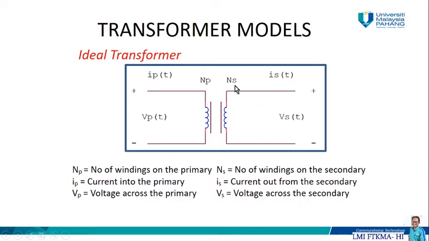Similarly, we are going to have NS, the number of windings in the secondary circuit, IS, the current for the secondary circuit, and VS, the voltage across the secondary. So this is the model or circuit that shows an ideal transformer where all the currents and voltage are transferred using induction, and the power given by V times I is going to remain the same.